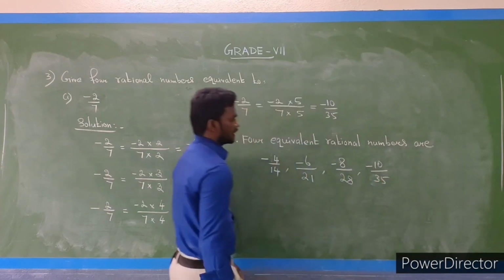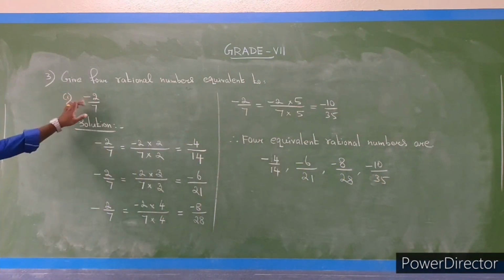So these are 4 rational numbers equivalent to minus 2 by 7.